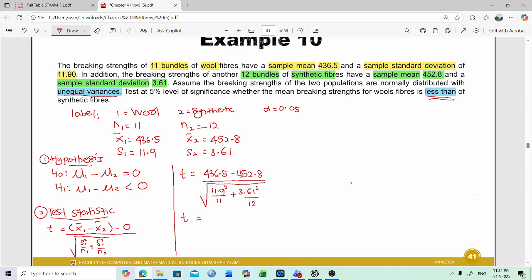And then for your test statistic, you will get negative 4.3627.